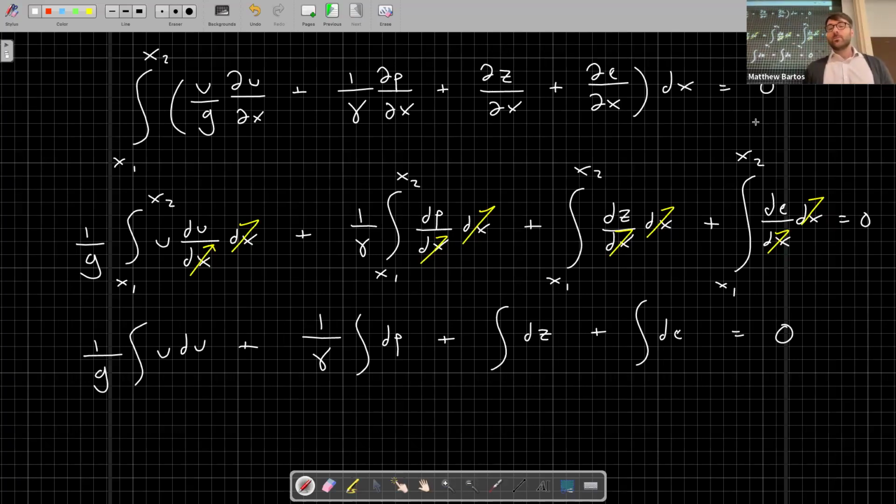And we can switch the limits of integration for each of these. Instead of integrating from x1 to x2, we integrate from u1 to u2, p1 to p2, z1 to z2, and E1 to E2.